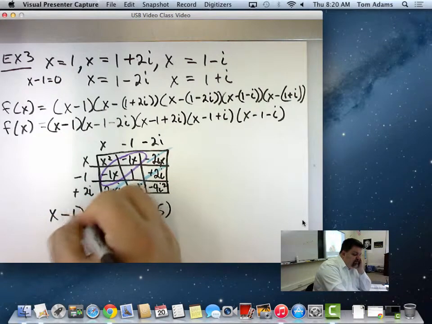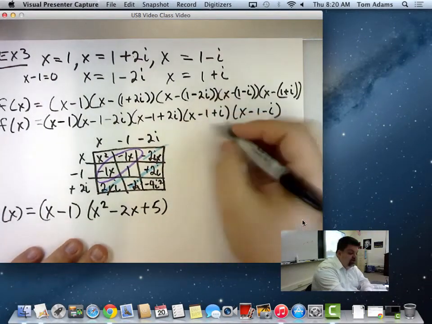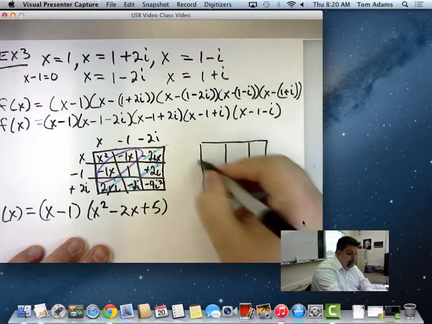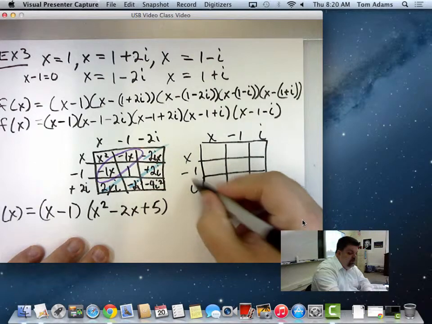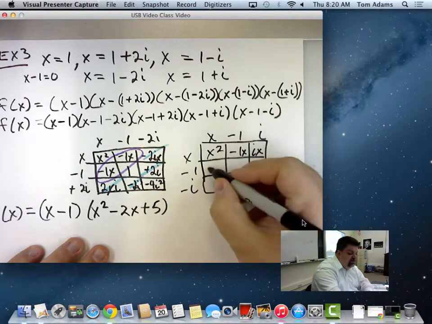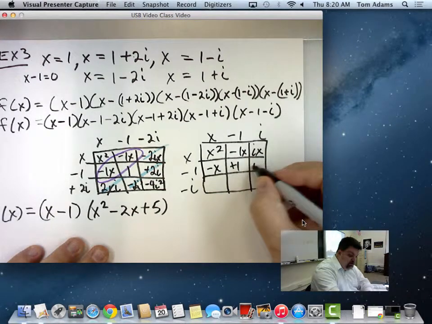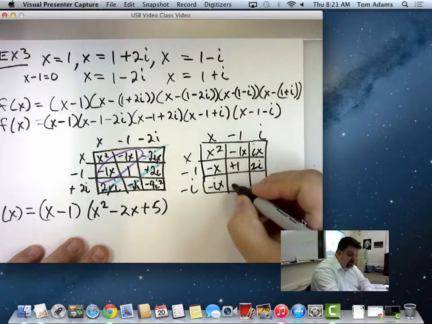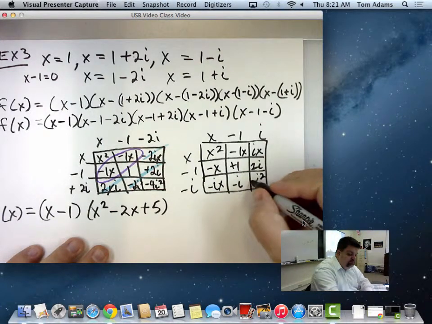I'm going to drop this x minus 1 down here. And so the only thing I have left to do is multiply these. So I've got x minus 1 plus i, x minus 1 minus i. I get x squared minus 1x, ix, minus x plus 1, minus i, minus ix, plus i, and negative i squared.